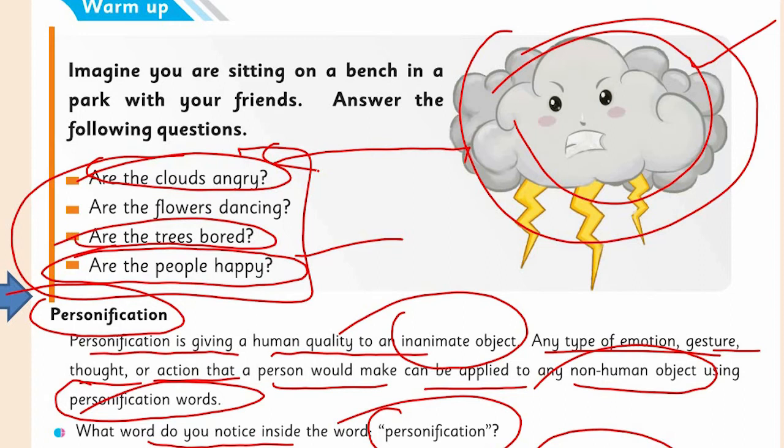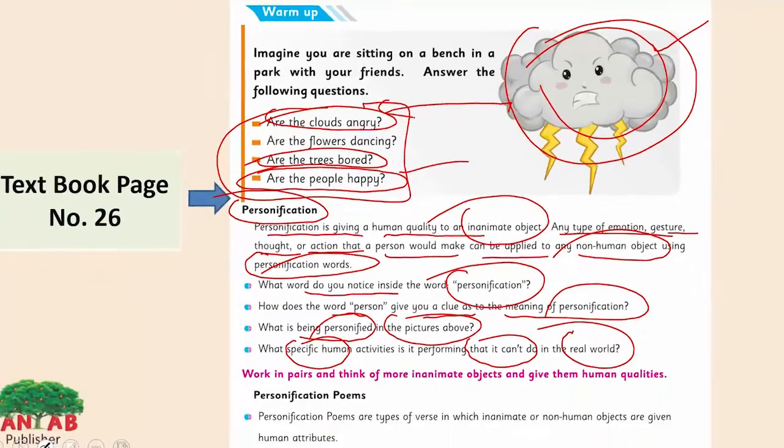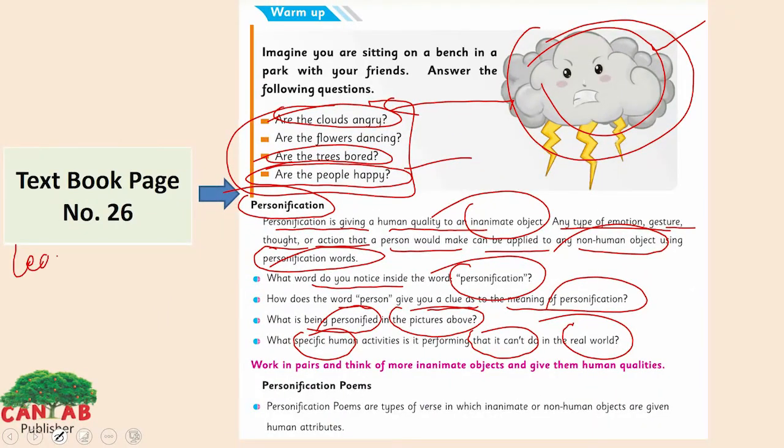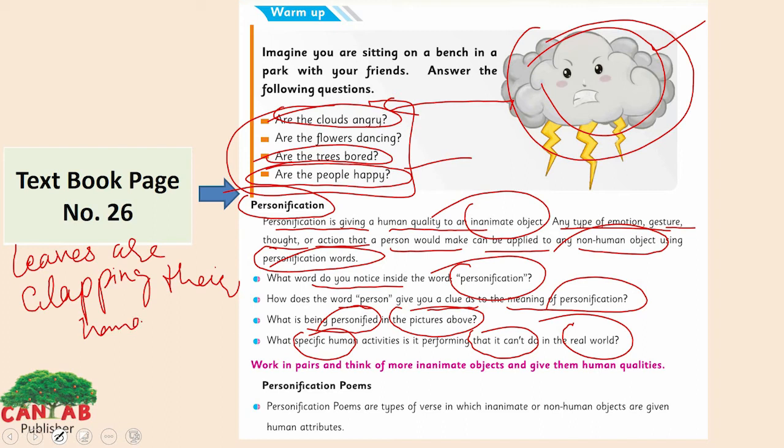So now we have a very good idea of personification. I can give you some more examples, like leaves are clapping their hands. Trees are dancing.